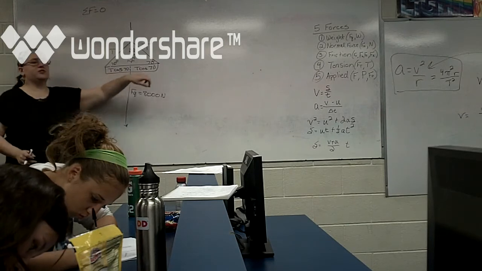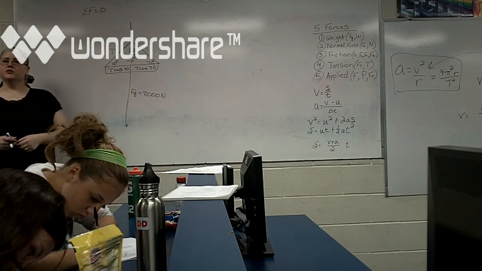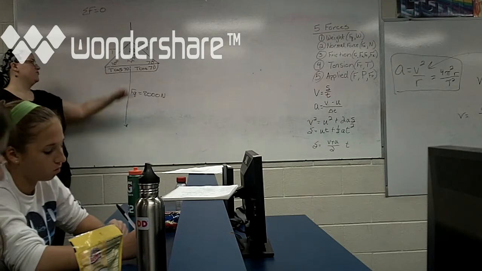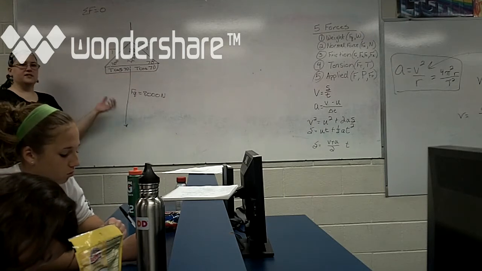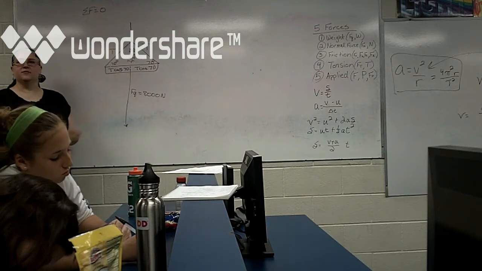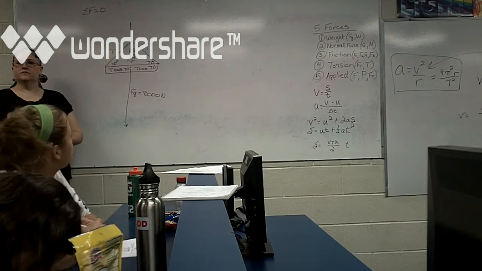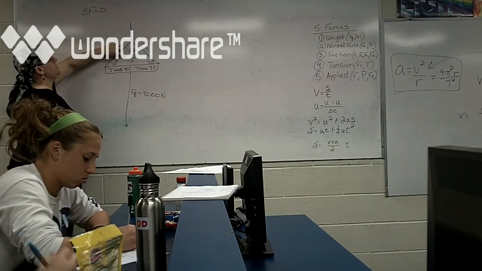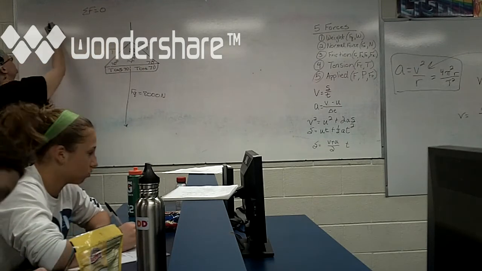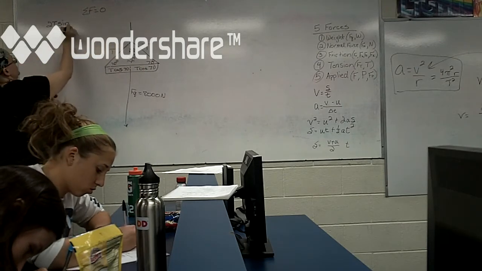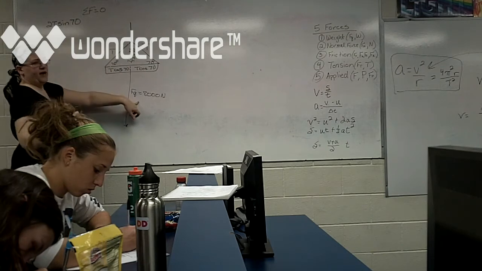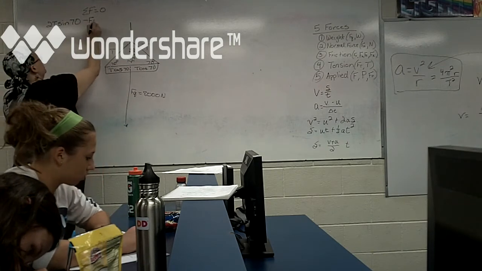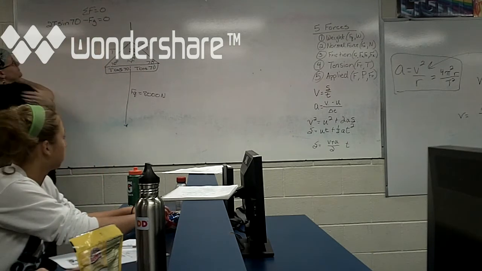Now horizontally, we know those are going to be the same because there's not another force. So if I sum my forces horizontally, I have positive T cosine 70 plus negative T cosine 70. That doesn't get me anywhere. So let's look at vertical. Vertically, I have 2T sine of 70 minus my weight is equal to 0.